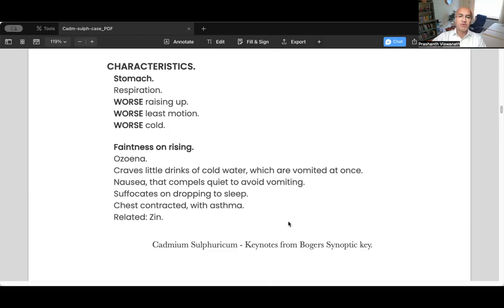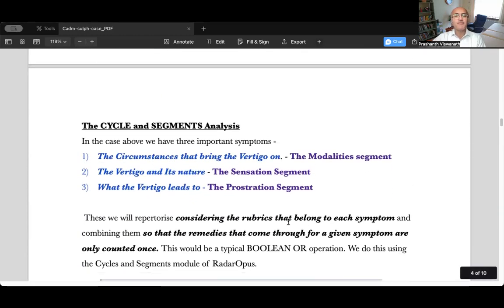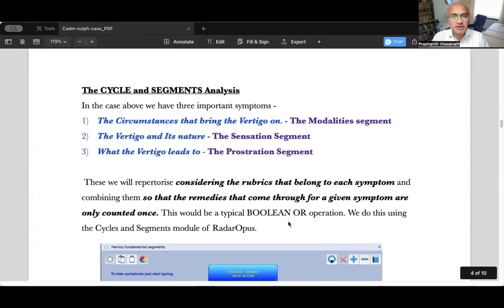So now moving forward. Generally, whenever I have a certain case and whenever I am in some kind of doubt and the situation is serious, I usually use the cycles and segments analysis, or what is known as the Herscu module in Radar Opus, to confirm the remedy.